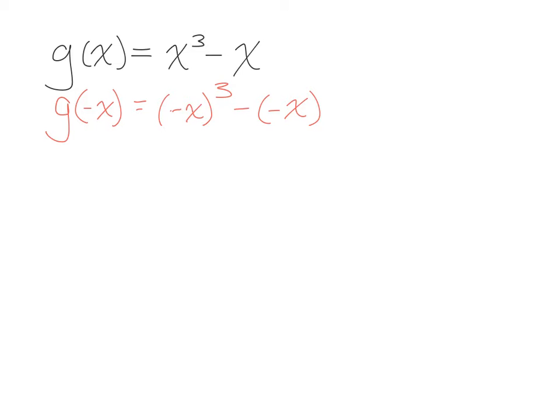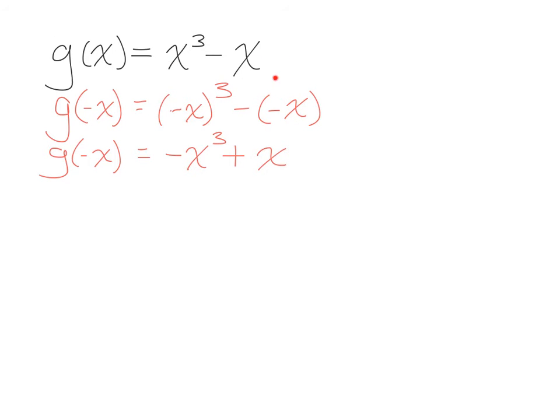When you simplify this down, you will get negative x cubed. And when you subtract a negative, that turns to addition, so plus x. So g of negative x equals negative x cubed plus x.